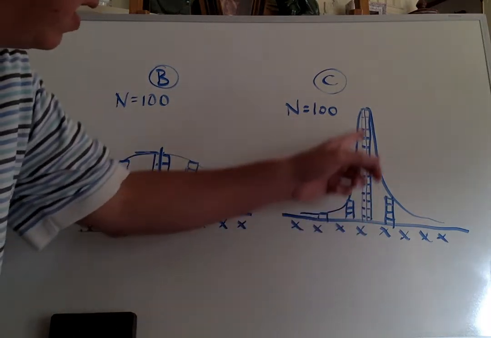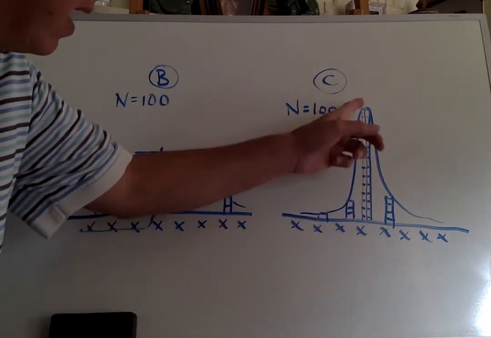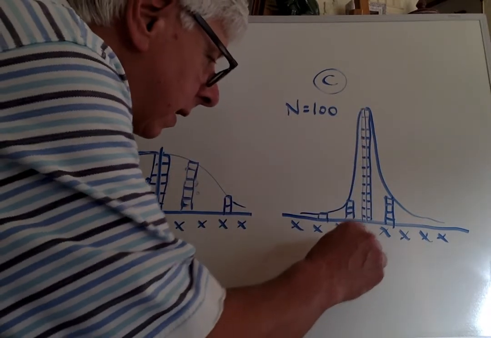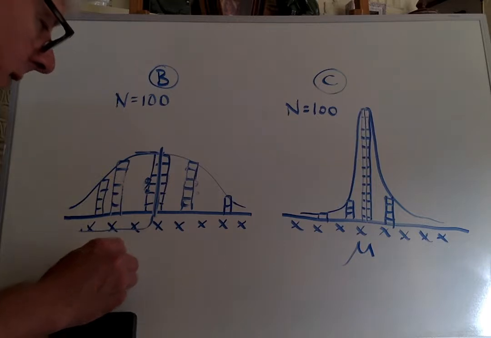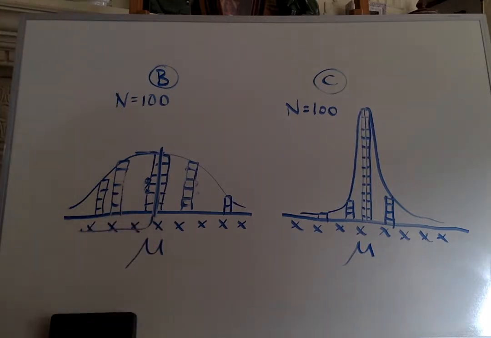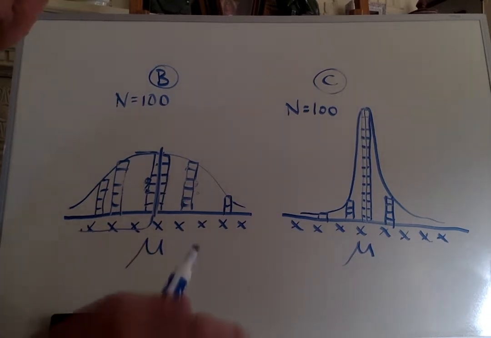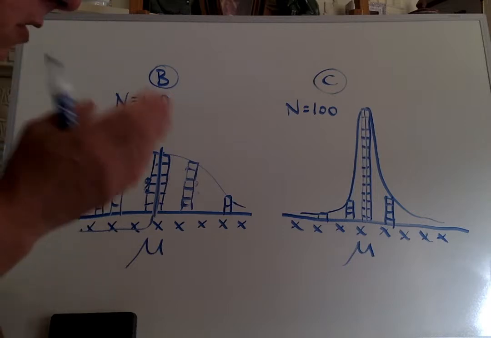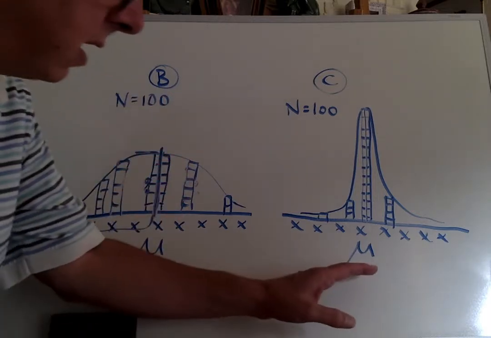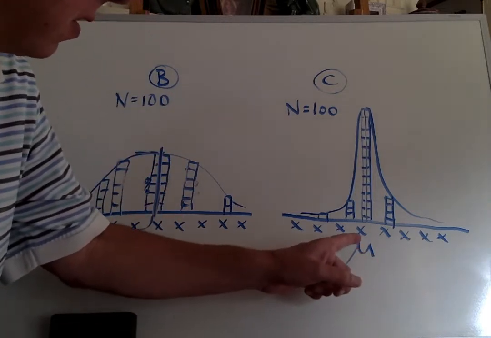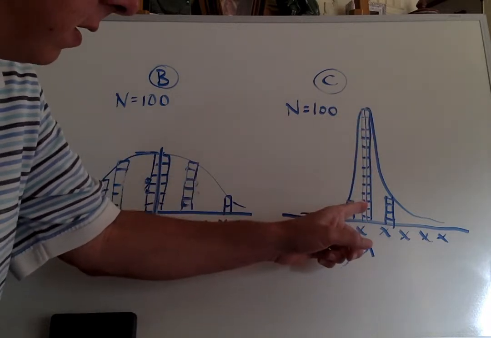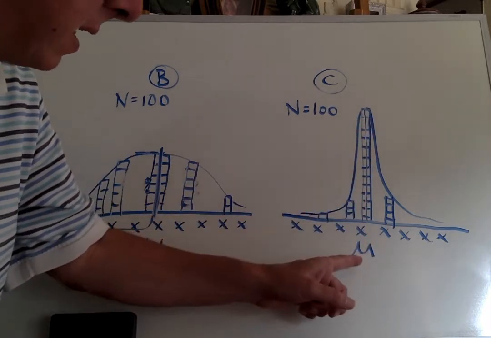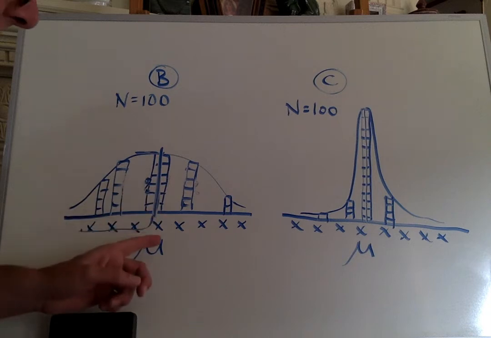If we look here, there's a lot more people that are at the mean. Let's talk about the mean, since these are fairly normal curves. The mean is our gold standard for central tendency. So let's talk about that. When we look at these blocks, what we're seeing here is there's a lot more of the blocks at the mean than there are here.